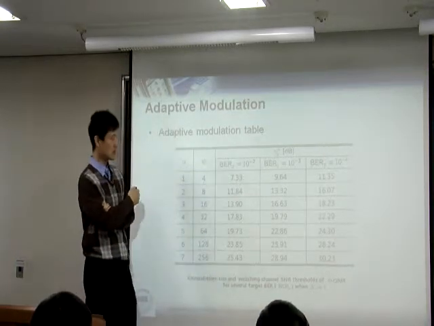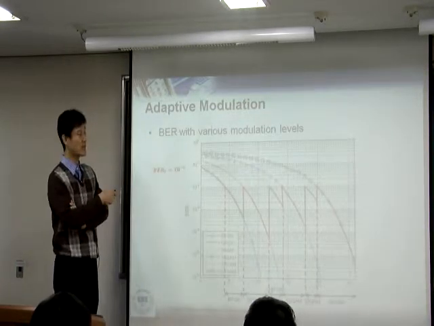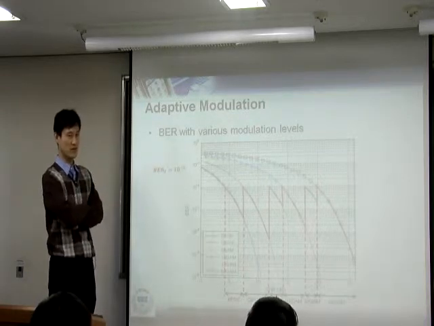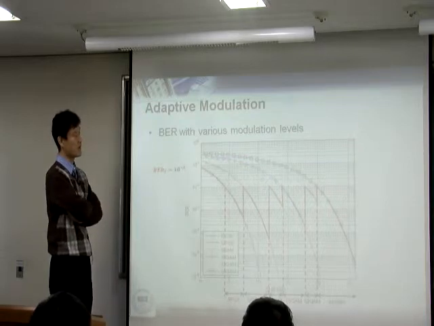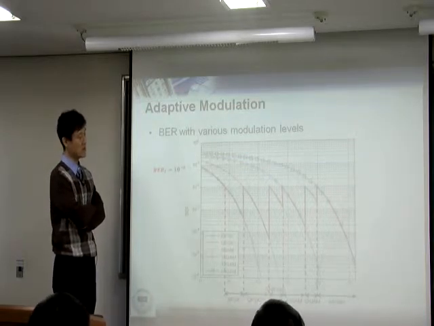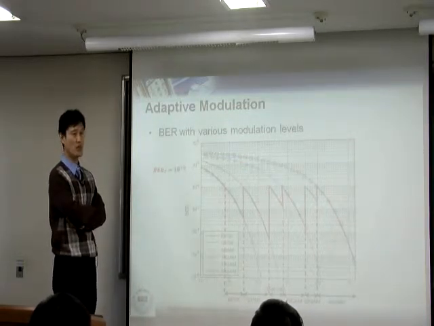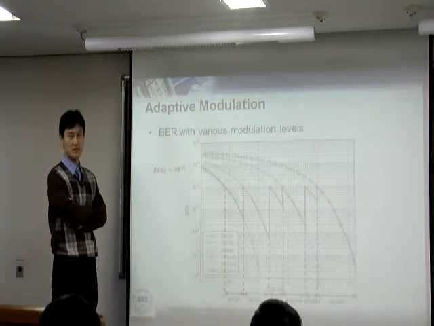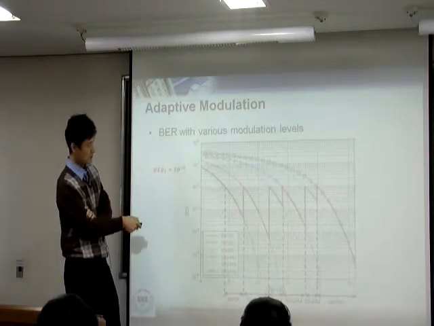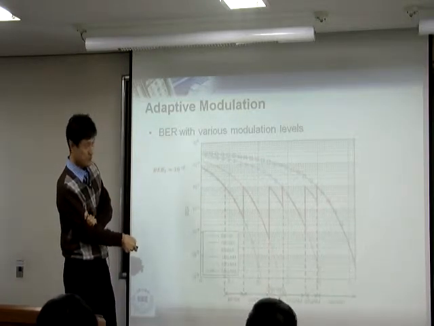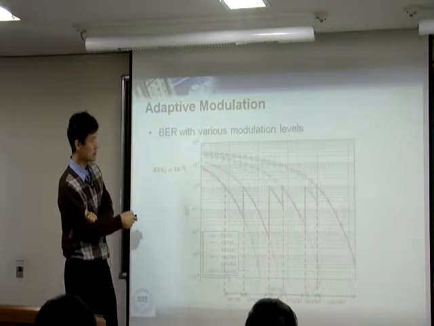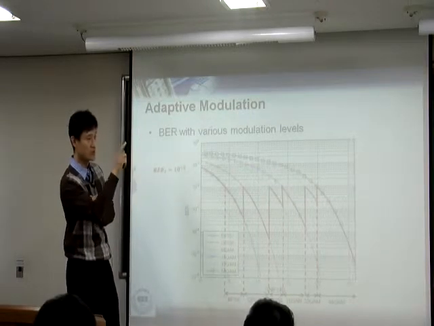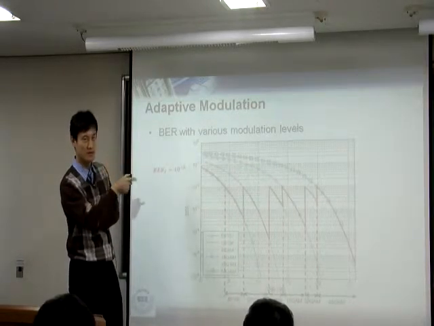So now let's look at this picture, how to decide those values. The first thing to do is that you have to plot the bit error rate for all these modulations. In this case, here are the modulations. This blue curve is the BPSK. This is just the Q function of root 2 gamma, simply, right?